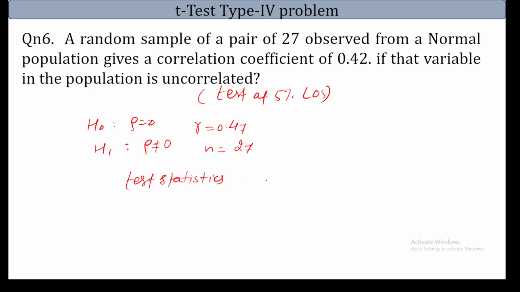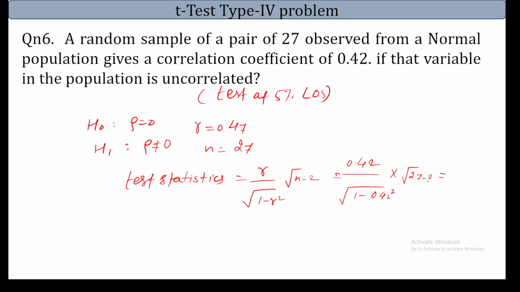Now we can calculate the test statistic. t is equal to R root under n minus 2 upon 1 minus R square. What is the R value? 0.42 upon root under 1 minus 0.42 square into root of 27 minus 2.